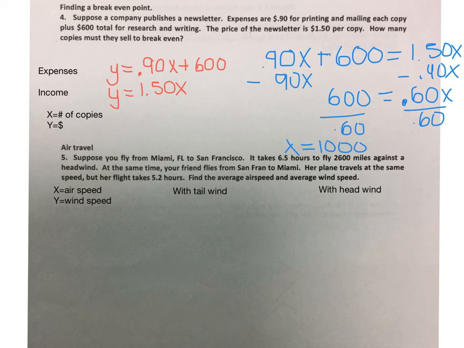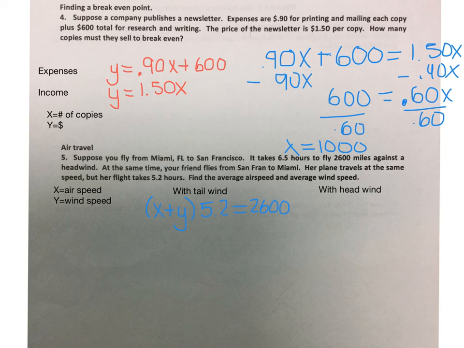So when you do this, with the tailwind, we're going to have x plus y times 5.2. That's our rate times your time. And we know that the distance is 2,600.